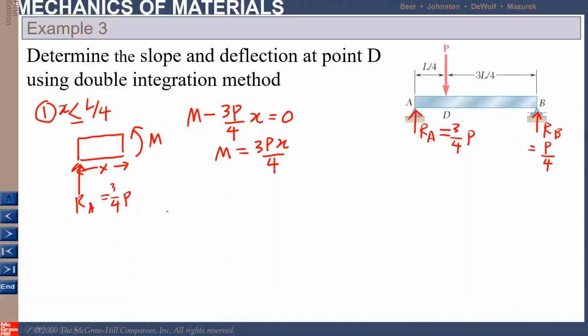So that is the first moment equation. Once we get the moment, we can proceed with the double integration, in which we have EI d²y over dx² equal to M, which is 3Px over 4.